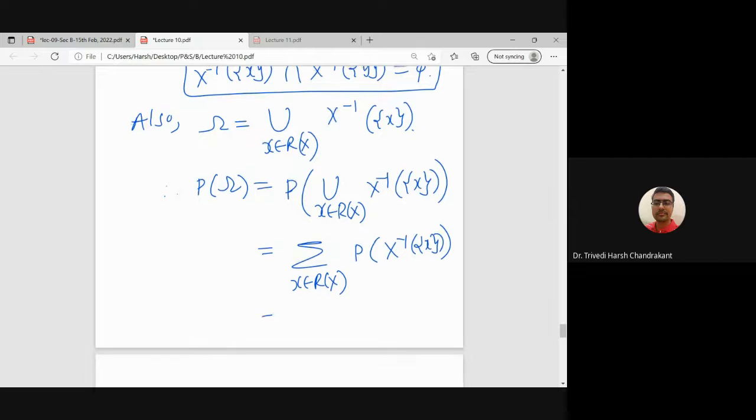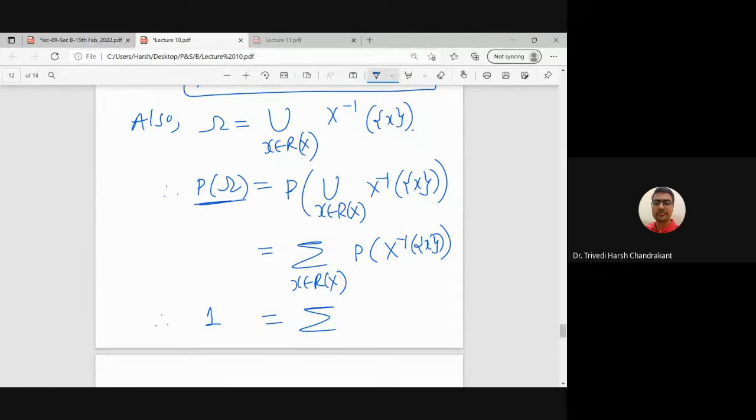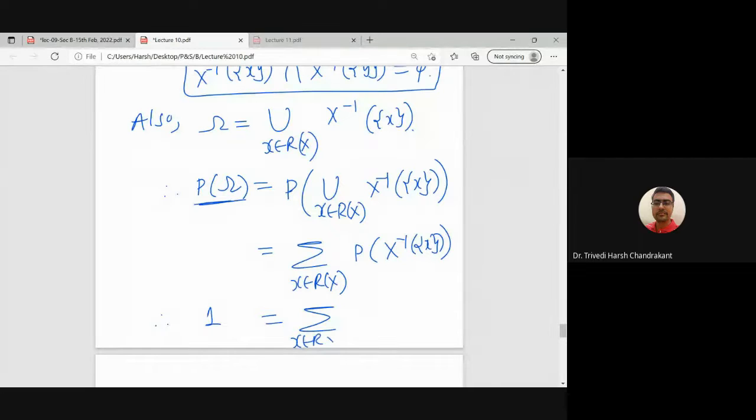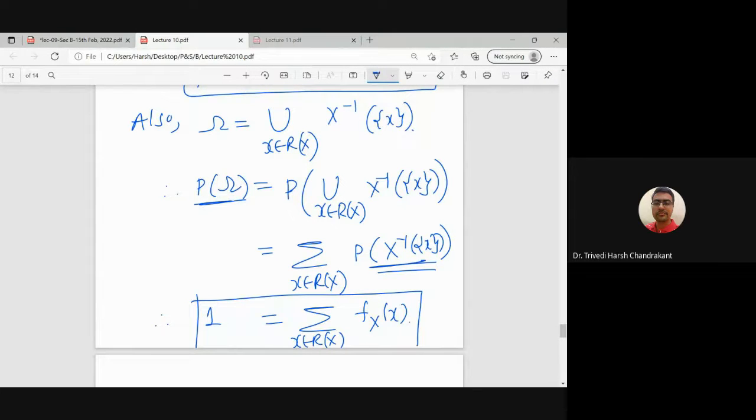And what is this probability? The probability of the full sample space is 1. And here we have, in our notation, f(x). That is the probability mass function at a point x, f evaluated at the point x.